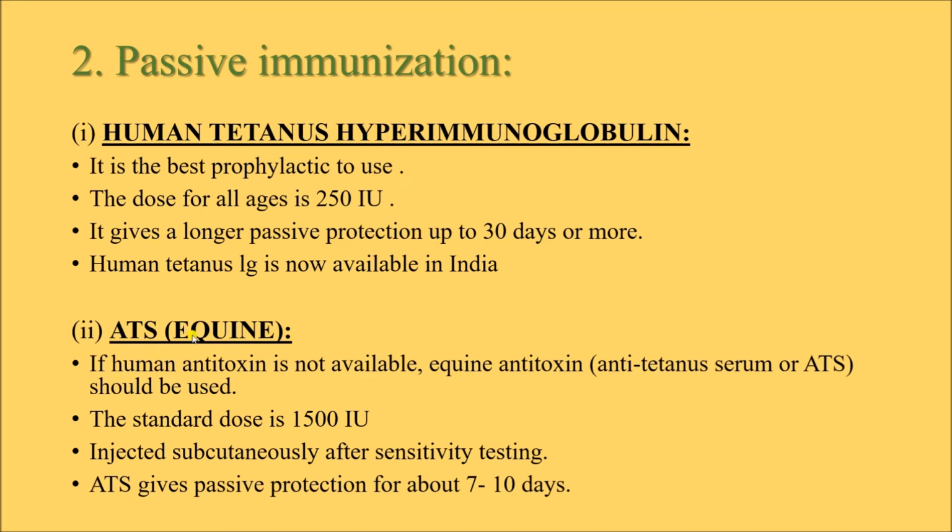Alternatively, we have ATS. When the human immunoglobulin is not available, we can opt for the equine option. The standard dose is 1500 international unit. It is also injected subcutaneously and it gives protection for about 7 to 10 days.